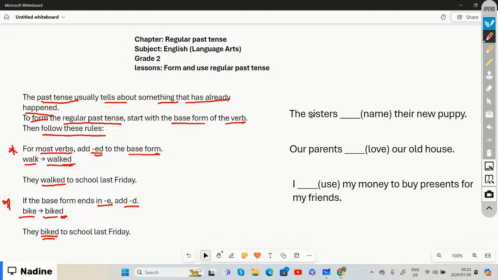Let's look at a few examples. Here are three sentences, and in brackets, we're going to add the correct form of the verb.